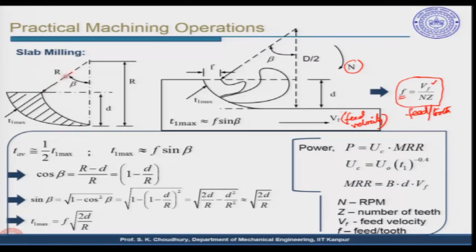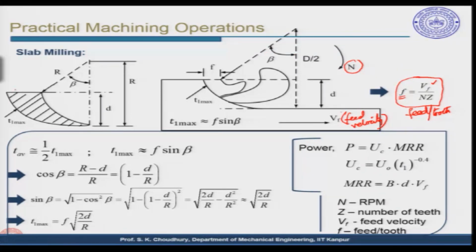This is the radius of the milling cutter, D by 2, and small d is the depth of cut. Now, T1 maximum can be assumed to be f into sine of beta, where beta is the small angle shown here.